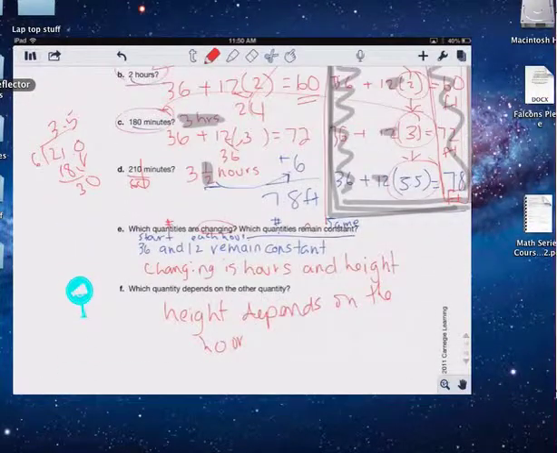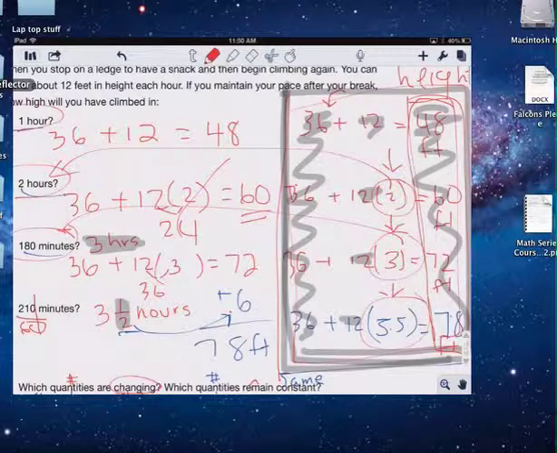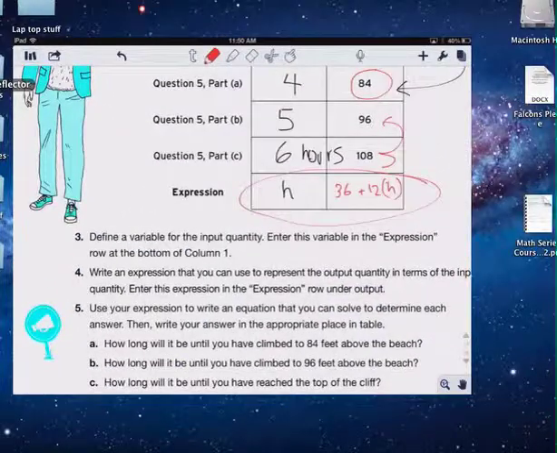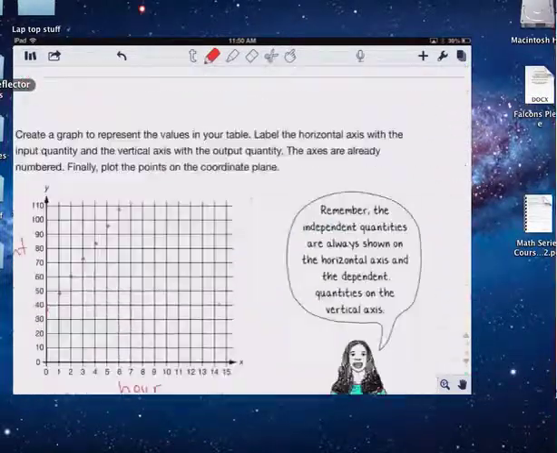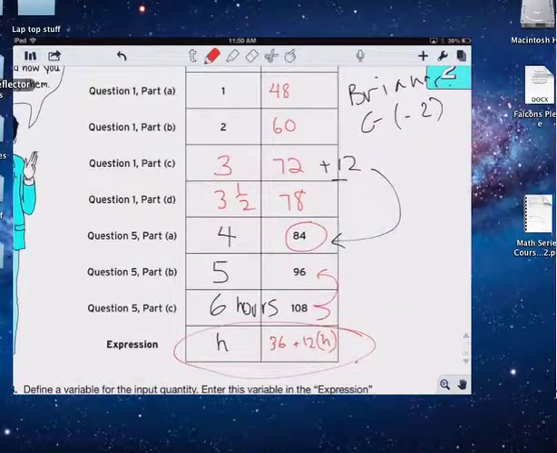The only way you can do it is if you write it out like this, the way I've done it to come up with the expression. Then you graph using the table they give you. Do you understand? Yes. The question will be just like that. Nothing different. And then you need to know what is a function and what's not a function, and you need to explain it. Do you understand?